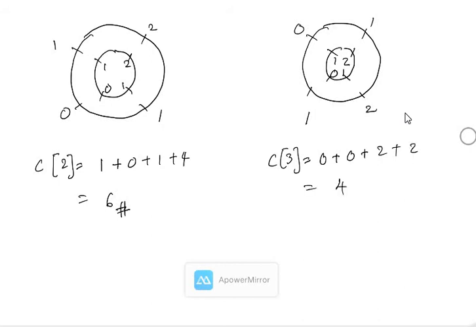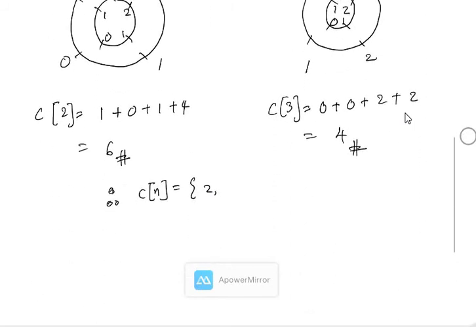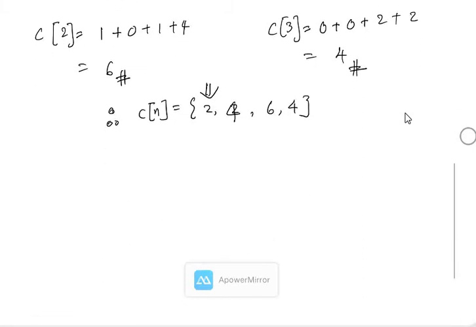So this one you get 4. Therefore your Cn is equal to 2, 4, 6, 4.